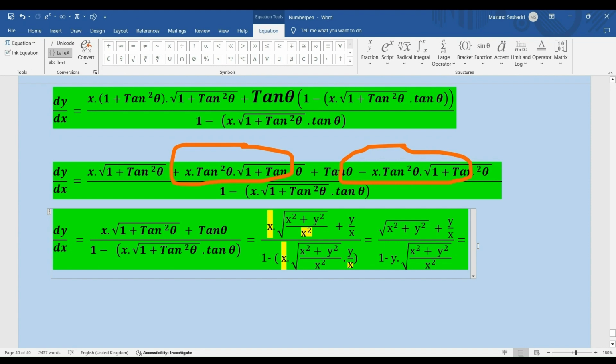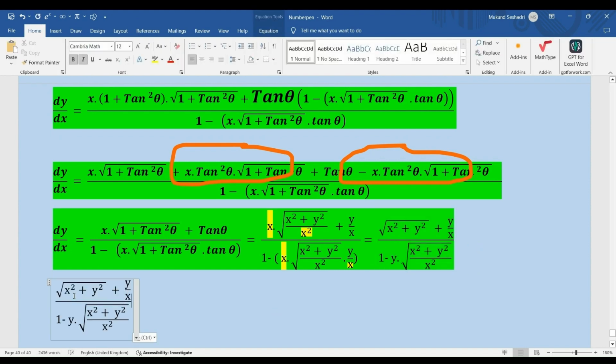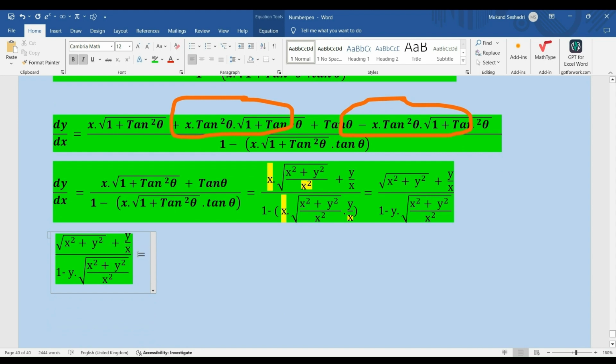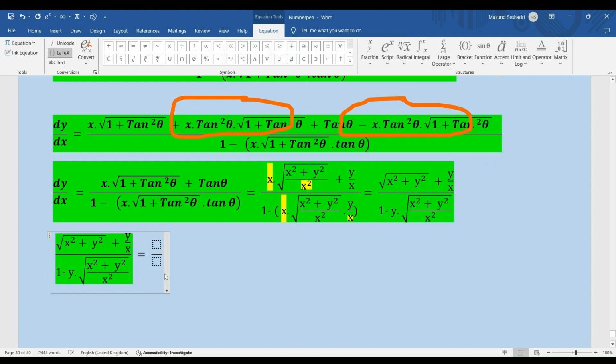And then I'm going to move to the next line. I'm just going to copy this expression as it is, right? Let me highlight it in green. And when I move to the next line and do the cross multiplication, what do I get? Again, I get an expression of the term x by y format, but this time I will have x times square root of x square plus y square plus my y, right?